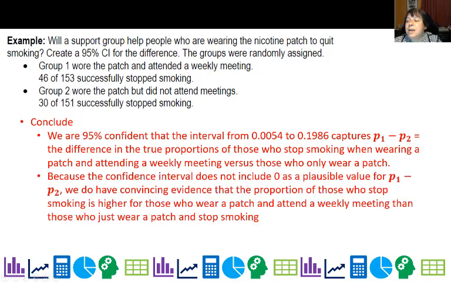And because the interval doesn't include zero as a plausible value, we actually do have convincing evidence that wearing the patch and attending a weekly meeting makes a difference even compared to just wearing a patch in the success rate for stopping smoking.